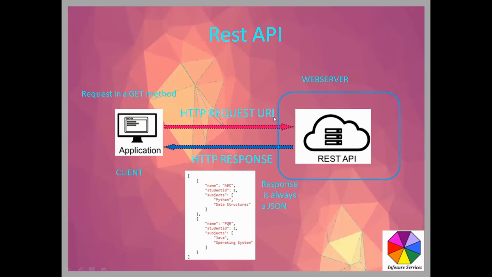While making this request, it does a get method, which means get data, like get user, right? And then the API, in case of a REST API, returns a JSON. Like whatever examples we saw, the pizza order, or in this case, student information: name, student ID. So what returns is not an XML message, it's a JSON message.